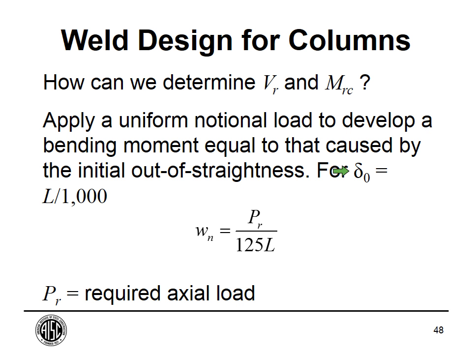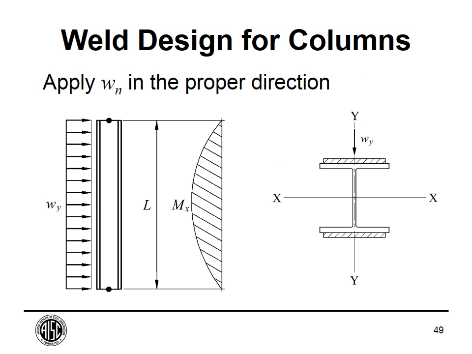To get an equivalent moment, we can apply a uniform notional load equal to W L squared over 8 over the full length of the column. Setting those two equal to each other, we end up with a uniform notional load of W sub N equals the required load on the column, P sub R, over 125 L. So that's how we're going to get our shear and moment at the theoretical cutoff point.